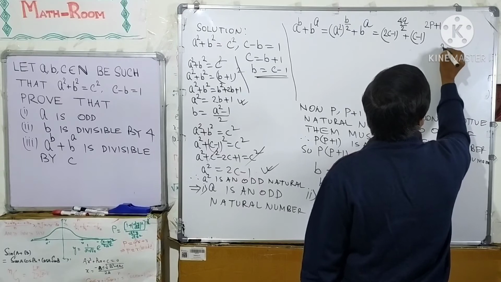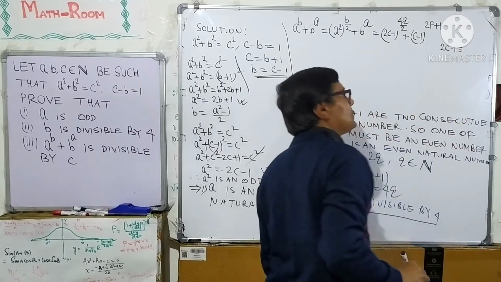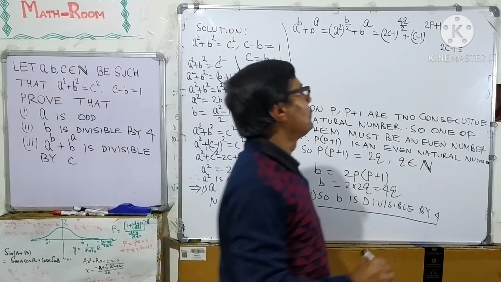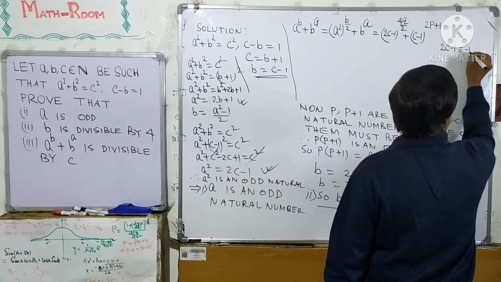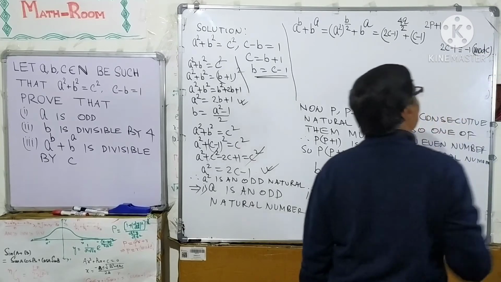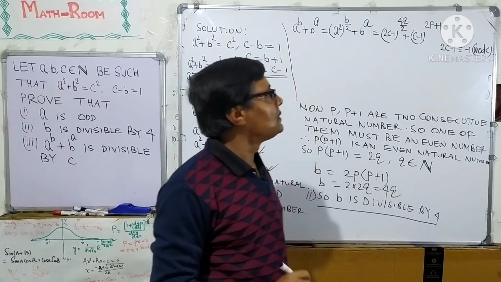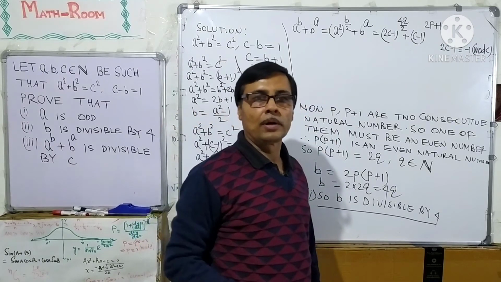Now 2c minus 1 is equivalent to minus 1 modulo c, because if we divide 2c minus 1 by c, then we have the remainder minus 1.